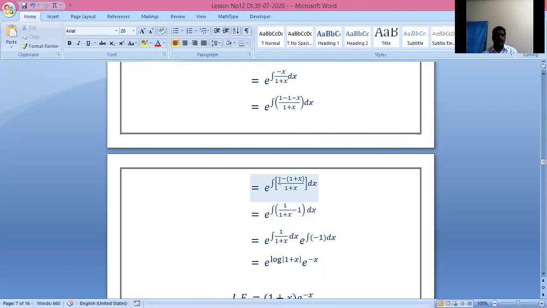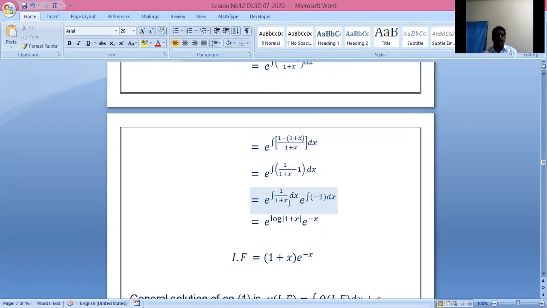Since here (a minus b) by c is a by c minus b by c, that is equal to e to the power of integration of 1 by (1 plus x) dx into e to the power of integration of minus 1 dx.